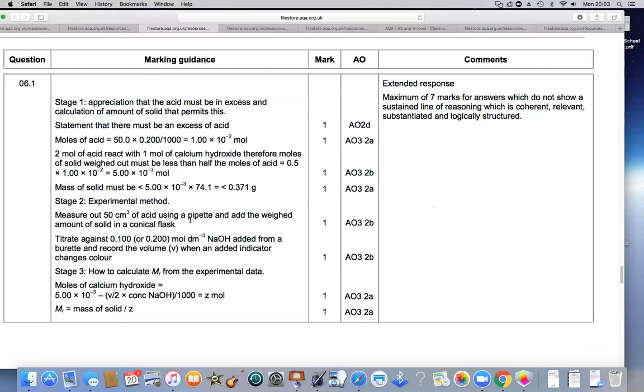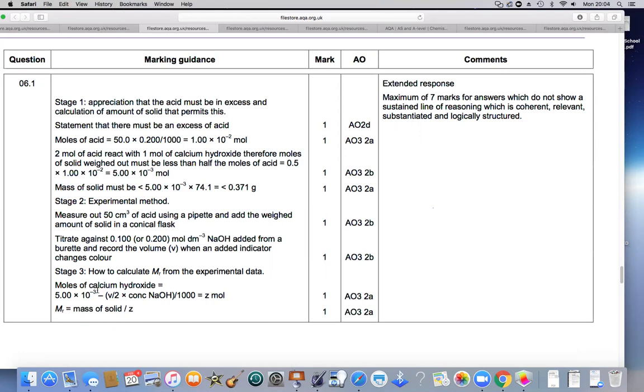So what would you do? Weigh the amount of solid in a conical flask. So you would add your solid to your acid. There will be acid solution left over. Titrate with sodium hydroxide. Record the volume when an added indicator changes colour. Calculate the Mr from the experimental data.